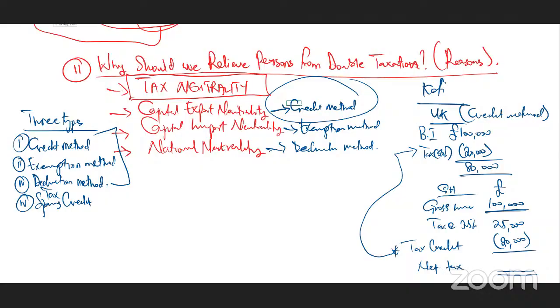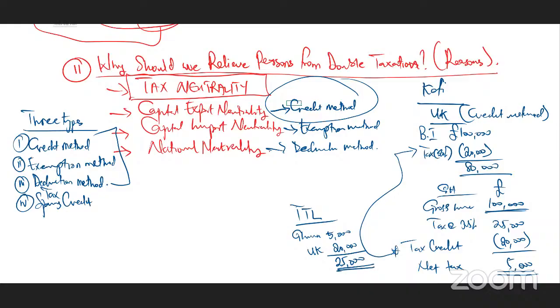About 5,000. So in actual sense, your total tax liability would have been what? You paid 5,000 in Ghana, and then in the UK, you ended up paying 20,000, not so? So at the end of the day, you end up paying 25,000 overall.